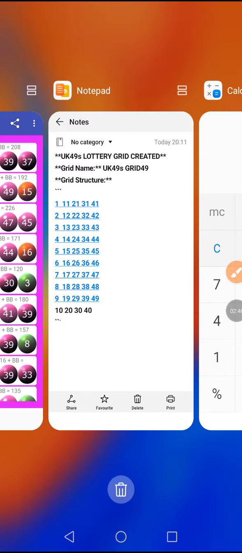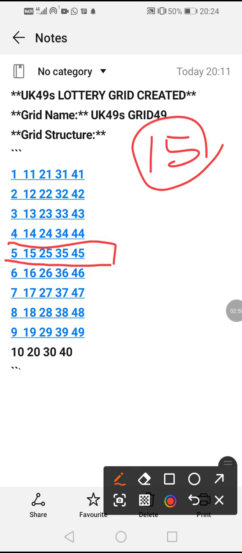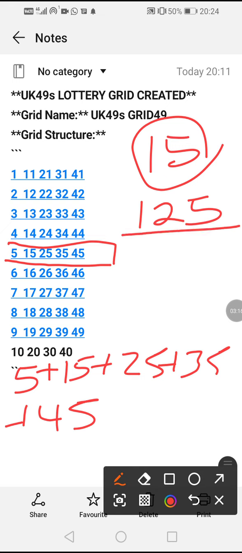Okay, so let's do this. As we said, we're going to take all these numbers. Why are we going to use 15? Because 15 was the bonus ball for lunchtime, so we use that number to guide us. Just go to the formula of 5. You add up everything, like 5 plus 15 plus 25 plus 35 plus 45, and you're going to get 125. Then you check your date.